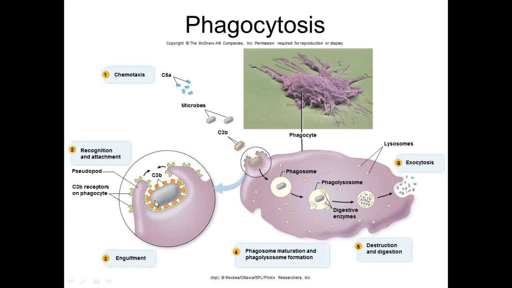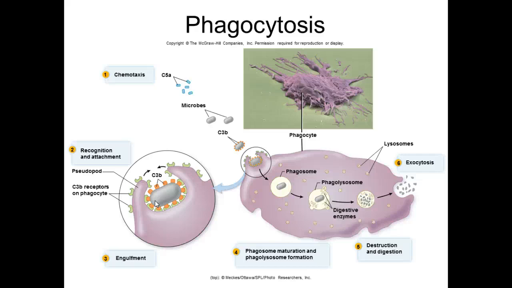They've got to be able to grab onto it. And your phagocytic cells have lots of different types of receptors that allow them to grab onto lots of different types of danger molecules, right? Patterns that we see: lipopolysaccharide, peptidoglycan in the cell wall of gram-positives, flagellin, that protein that makes up the flagella.